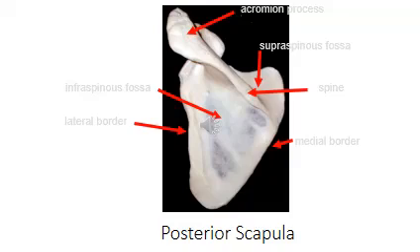We have above the spine the supraspinous fossa and below the spine the infraspinous fossa, and also it's clear the medial border and the lateral border, ending above by the glenoid fossa, and we have the upper border of the bone, and also the inferior angle, superior angle, and the lateral angle, which is the glenoid fossa for the shoulder joint.